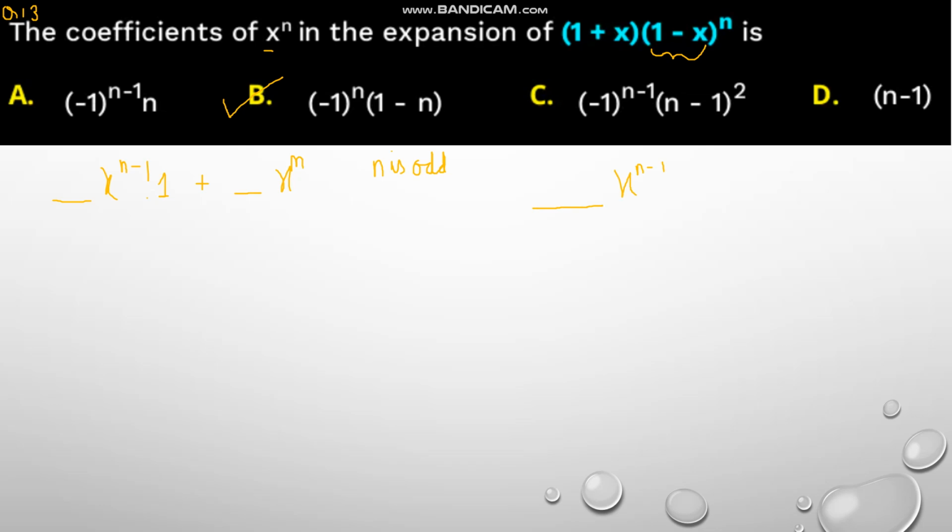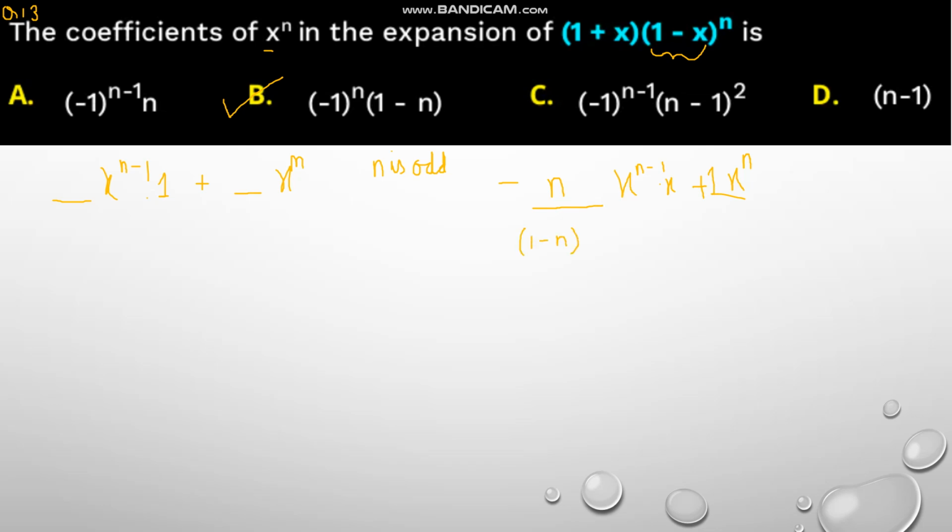If n is odd, there will be a negative sign here, and then the coefficient will be n c n minus 1, which is n. So there will be a minus n here, and then plus x to the power n.